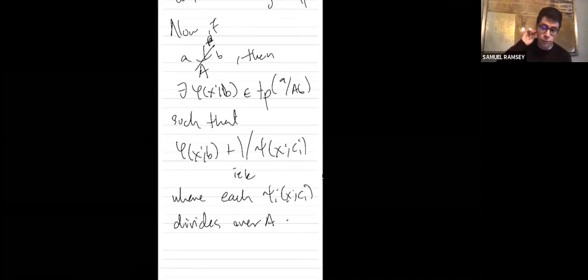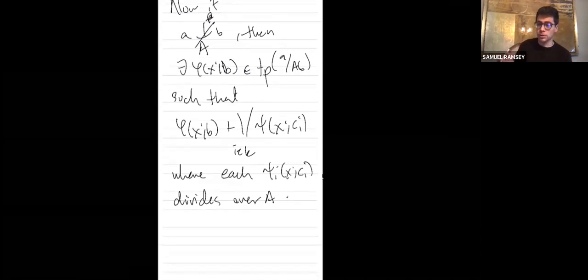It means you imply a finite disjunction of things that divide. And those things have new parameters, right? Which were maybe not contained in AB.